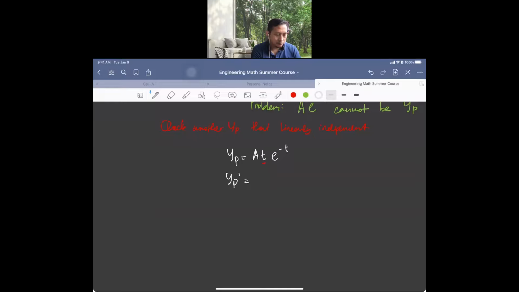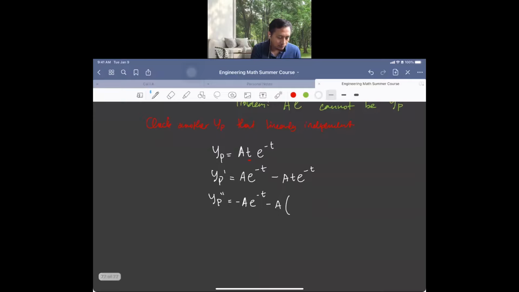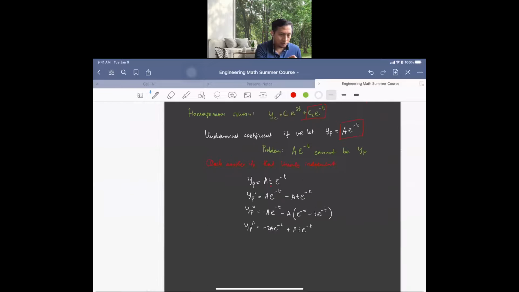We could take the product rule, right? Product rule. And then again, this will be again, let me write, okay.